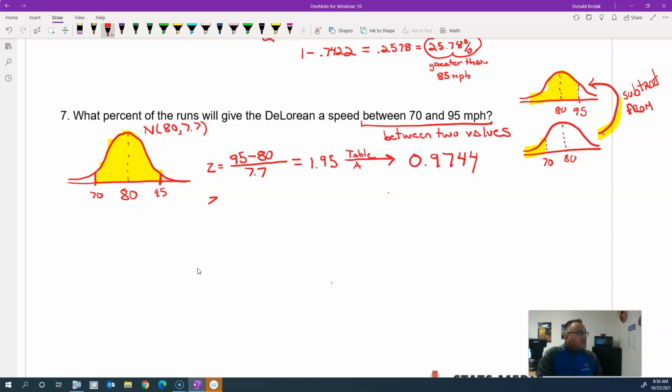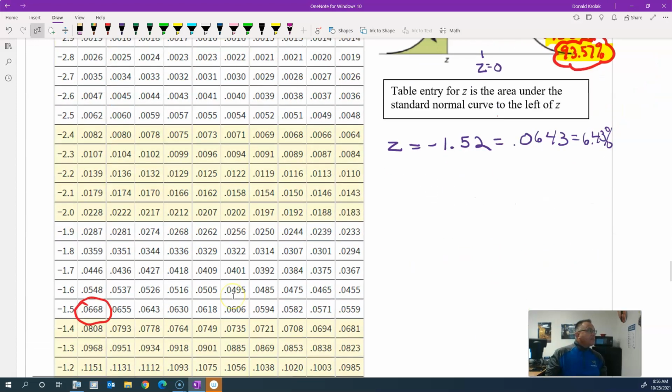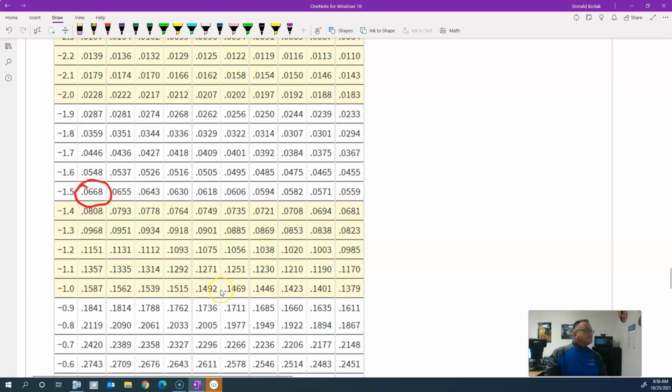Okay, and then I'll do it for the smaller one. 70 minus 80 divided by 7.7. And that's negative 1.3. Okay, we can find that on the table. -1.30.